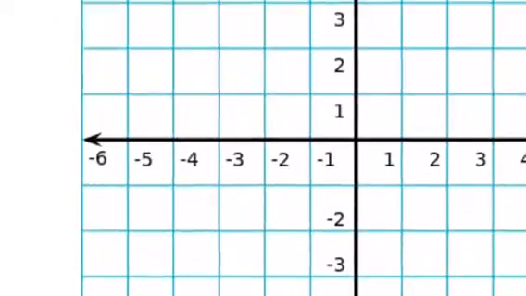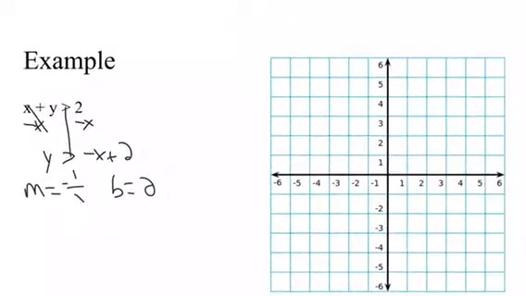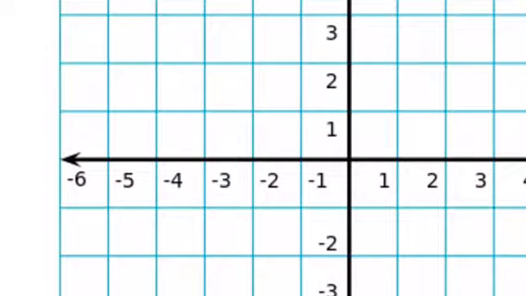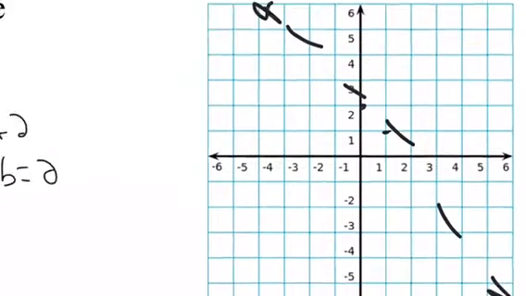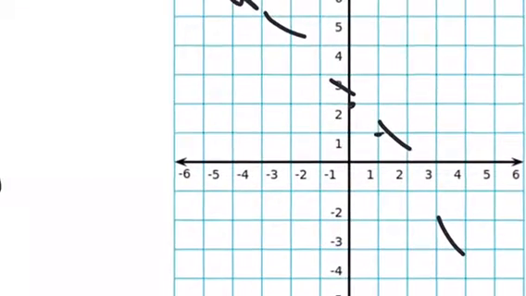So to graph it, we want to put a point on 2. And then since our slope is -1/1, we're going to go down 1, right 1. Remember, it's a dotted line since it's not equal to. The sign was a greater than sign.